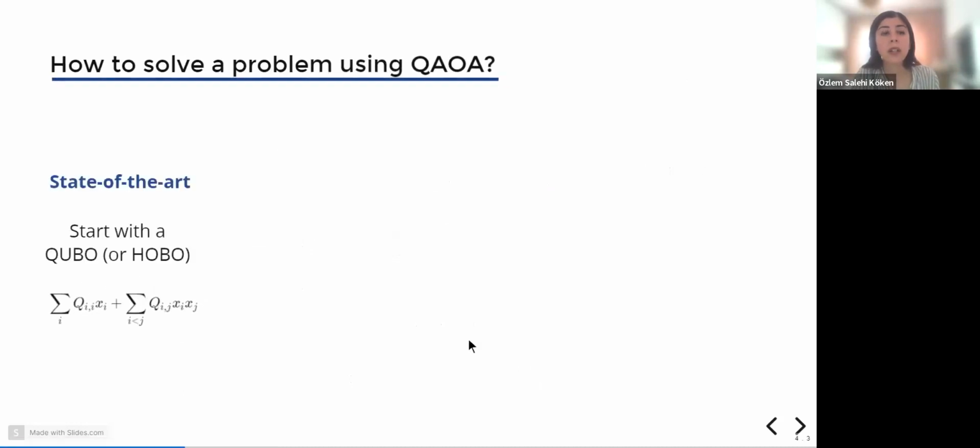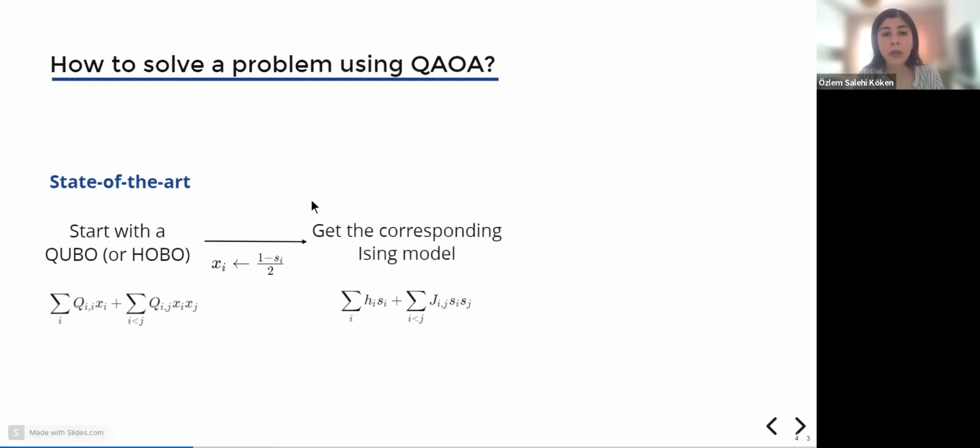Once you have a QUBO formulation, or indeed you can also have a higher-order formulation, it does not have to be only quadratic, but you can have X1, X2, X3. But QUBO is more popular. So you first create a QUBO formulation for your problem.